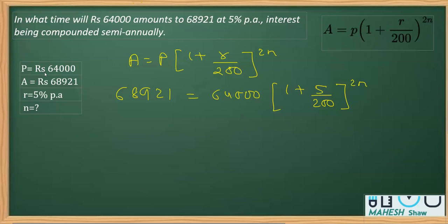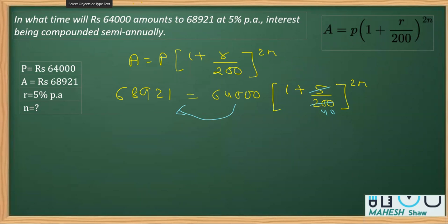Further, we can reduce here, these two can be reduced with 5. So this is 5 1 times, 5 40 times. Now, in the next part, we will be transposing this to the left-hand side.